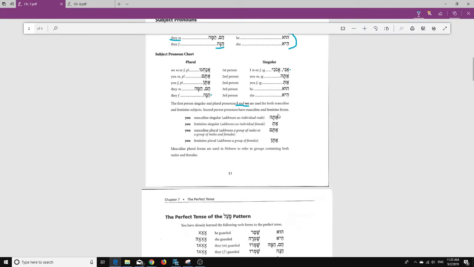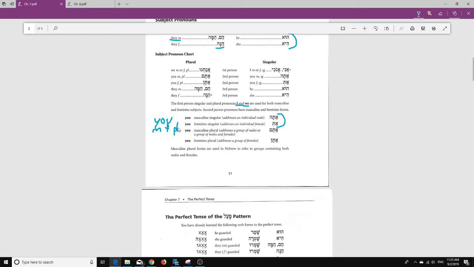Now, in English, though, it is different for you. In fact, in English, you can be masculine, feminine, or plural. So in English, this is very confusing. So in the South, that's why they'll say things like y'all, or in the North, maybe you guys.